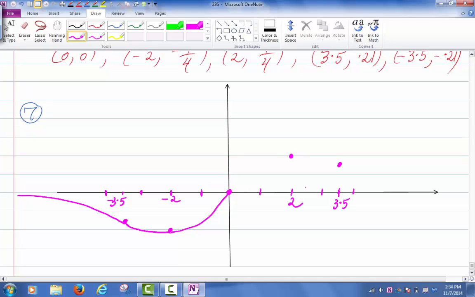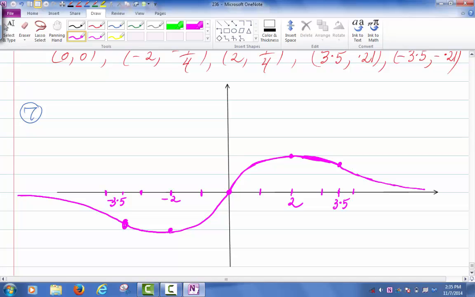It is still increasing, so concave down would mean like this, right? And then between 2 and 3.5, it is still concave down, I think. Is it correct? And it is decreasing after that. And after 3.5, it is decreasing, but concave up, right? So it means like that. And I know that the graph is getting closer and closer to the x-axis after that, right? So that's how it looks like.